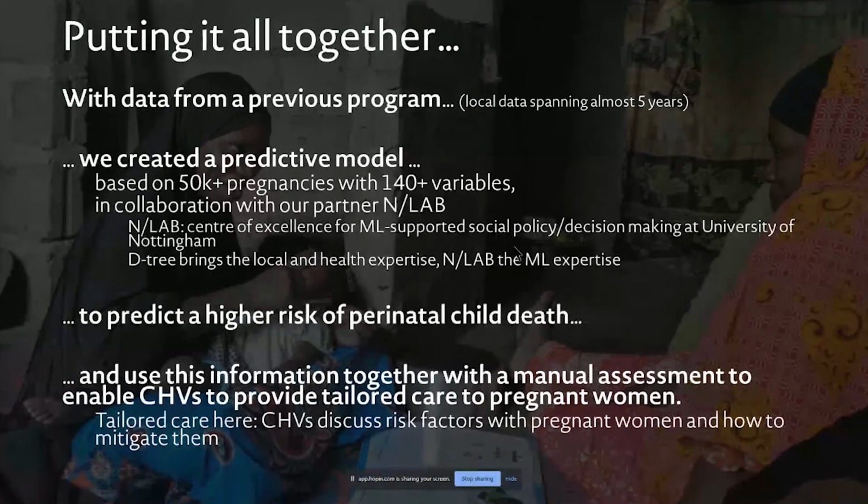And the way we interpreted this and the way we thought was feasible and responsible with the model that we had and with the other resources that we had. The way here is we want to enable CHVs to discuss risk factors with pregnant women, and not only general risk factors, but risk factors that apply most to these pregnant women, and then discuss with them how to mitigate the risk factors.